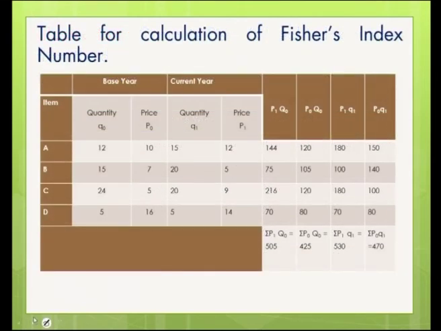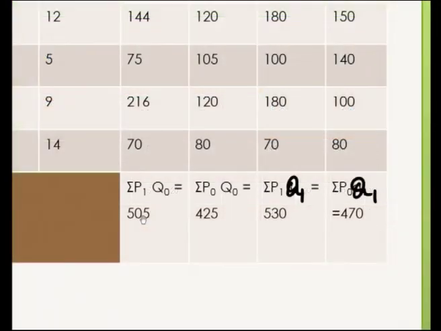We calculate Q0, Q1, and form the required columns P1 Q0, P0 Q0, P1 Q1, and P0 Q1, and take their respective summations. The summation of P1 Q0 is 505, summation P0 Q0 is 425, summation P1 Q1 is 530, and summation P0 Q1 is 470.